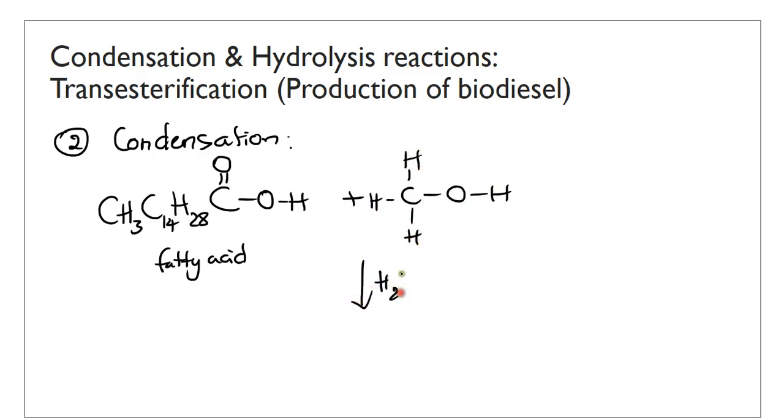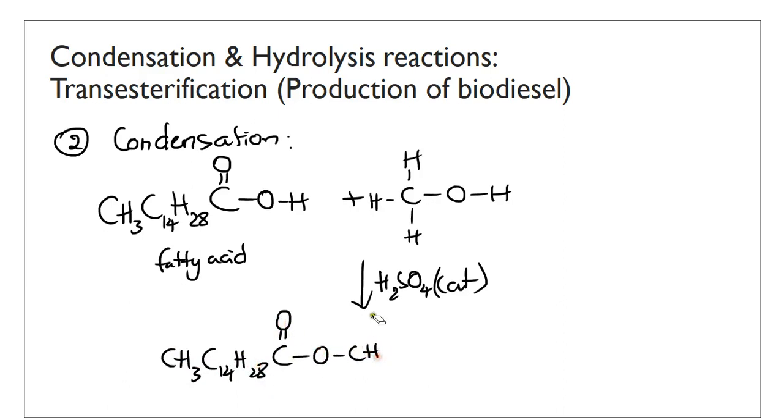Well, you need H2SO4 catalyst. I'll explain why when we get back to school. So the product, once again, is going to be an ester. C double bond O, O, CH3. Now let's draw it out. And you're also going to produce H2O.